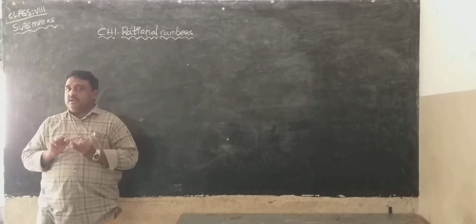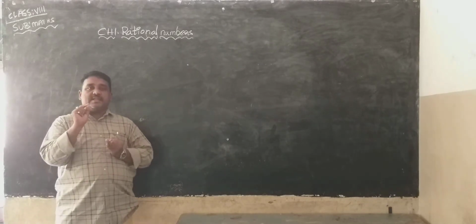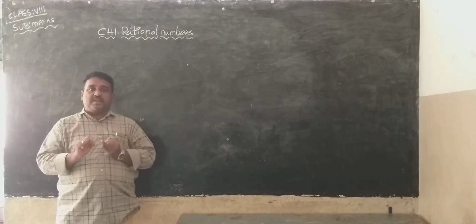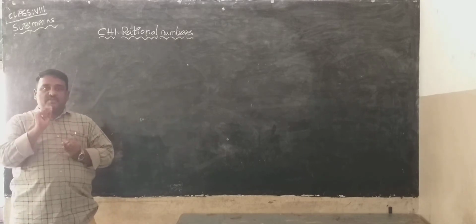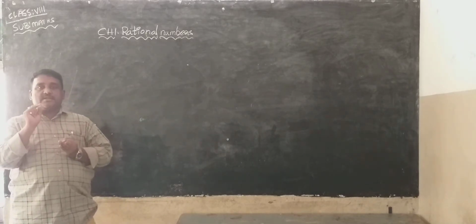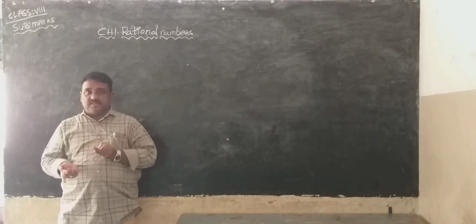What is period? Tell me. The recurring part of a non-terminating repeating decimal is known as period. What is periodicity? The number of digits in the recurring part of a non-terminating repeating decimal is known as periodicity.